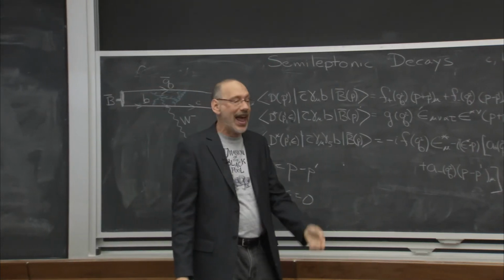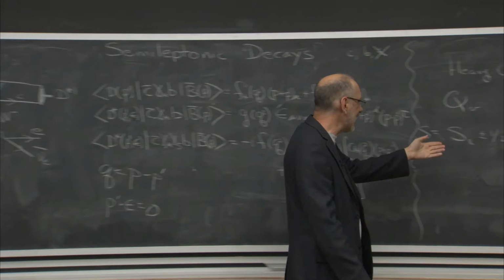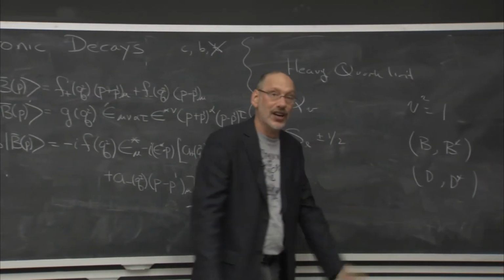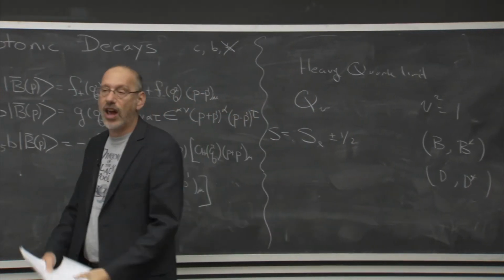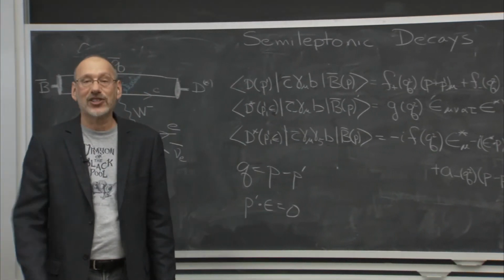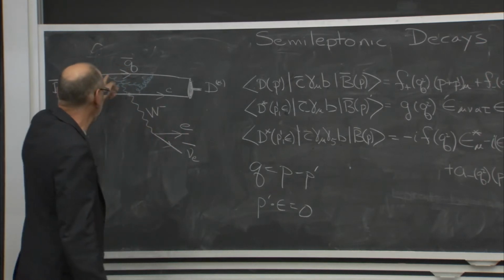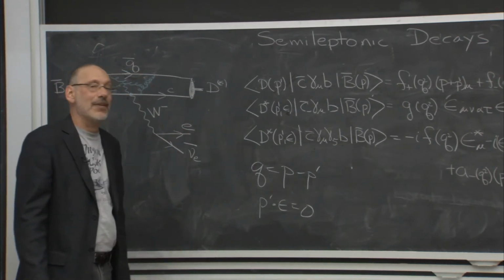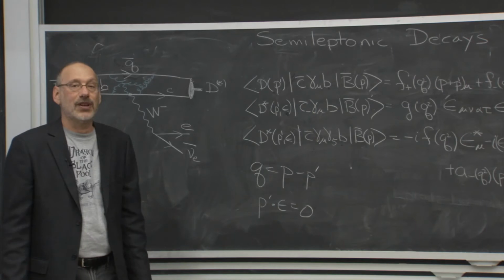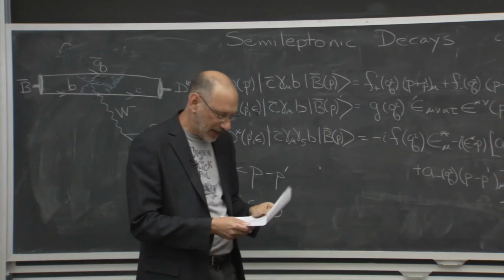Of course, there are other hadrons, excited hadrons, that have maybe 3 halves for the quantum numbers for the light degrees of freedom. But it should be no surprise that the ground state, the lowest hadrons, that have an interpolating field with a B and a light antiquark have the same spin of light degrees of freedom as a light antiquark. It should cost some energy to get excitations above that.